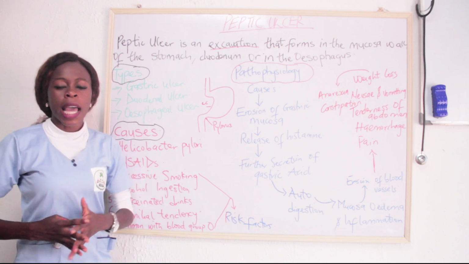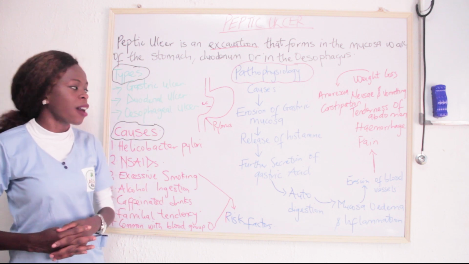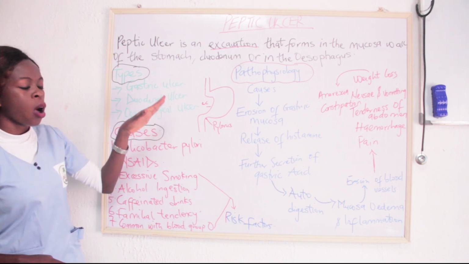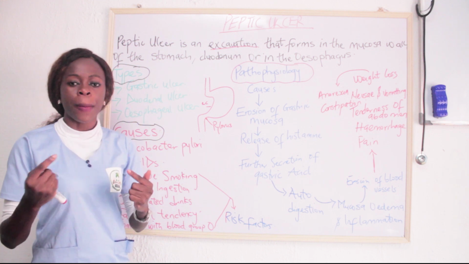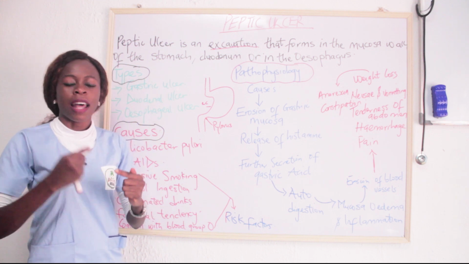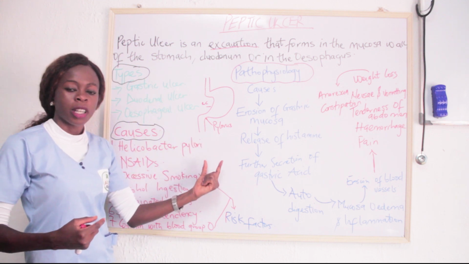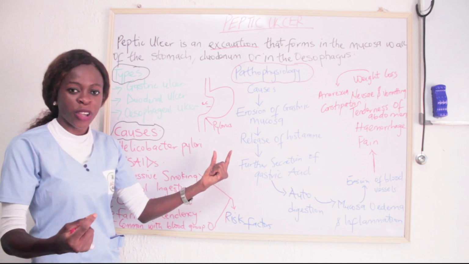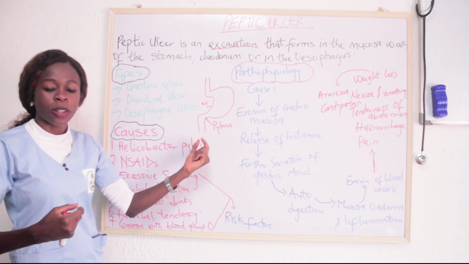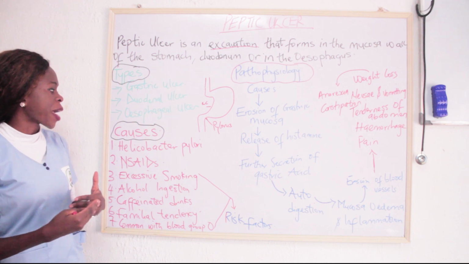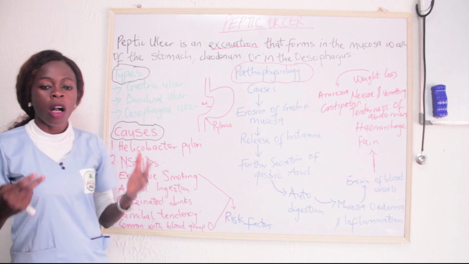Then the second type of peptic ulcer we have is the duodenal ulcer. As the name implies, it is the ulcer that affects the duodenum, the erosion, the excavation of the duodenum. Then the other type we have is esophageal ulcer.